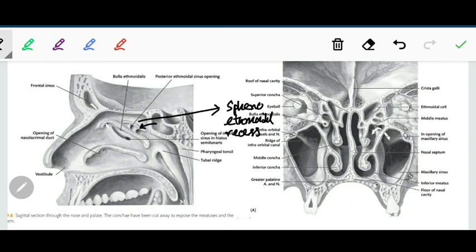And behind the sphenoidal sinus lie the pons and medulla oblongata. They are the lower part of the brainstem and lie behind it. This is the midbrain. Pons, medulla oblongata. They lie behind the sphenoidal air sinus. So in short, we have discussed the sphenoidal air sinus and its important relations.